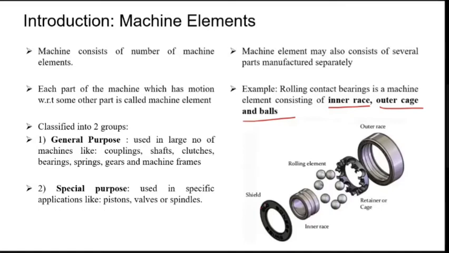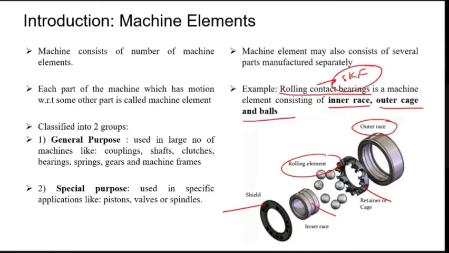This is nothing but a shield. This is the inner race. These are the rolling elements, or you can call them balls. This is a retainer or cage. Okay, and this is the outer race. So these are manufactured separately, and then they are assembled together, and it becomes a rolling contact bearing. The famous one is SKF bearings. The SKF company normally manufactures all these components.